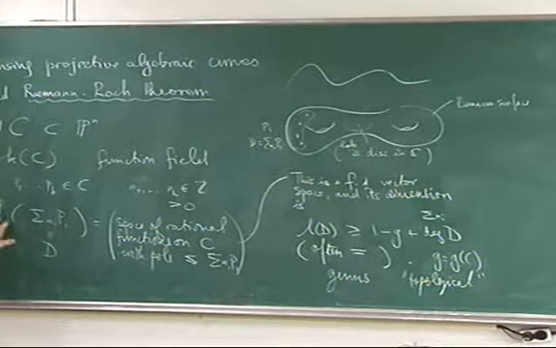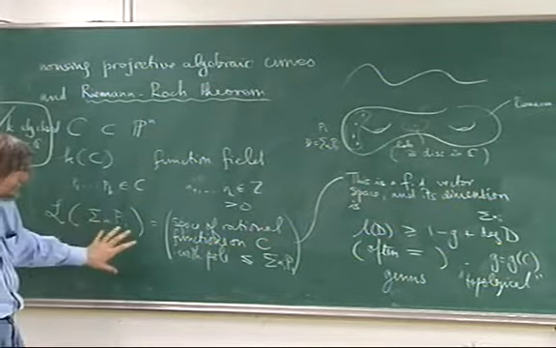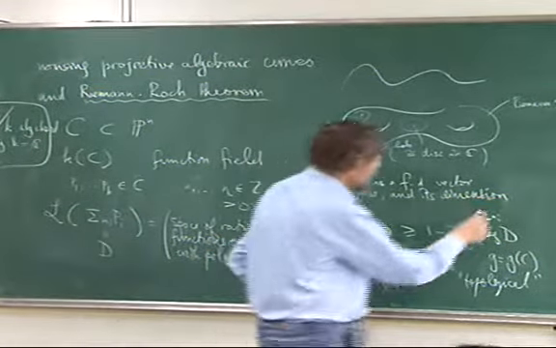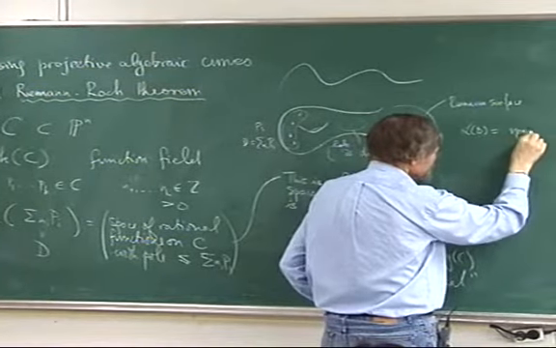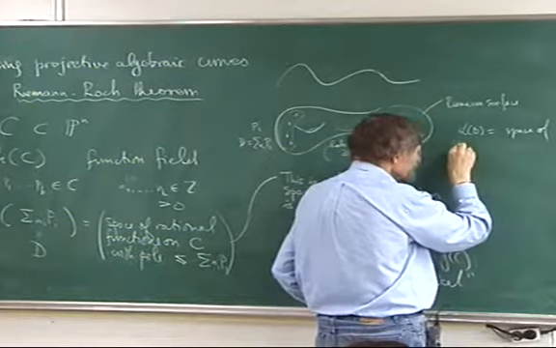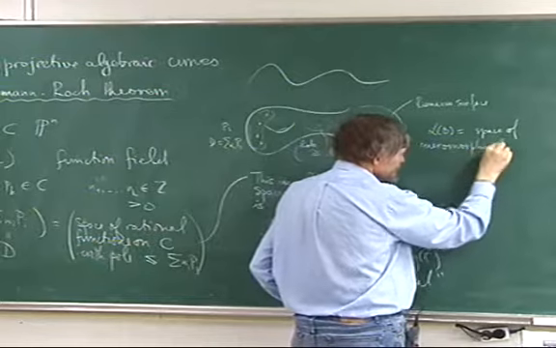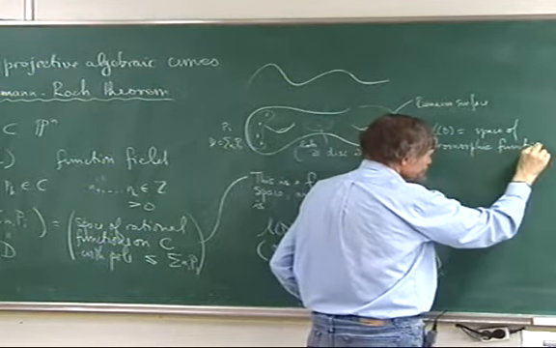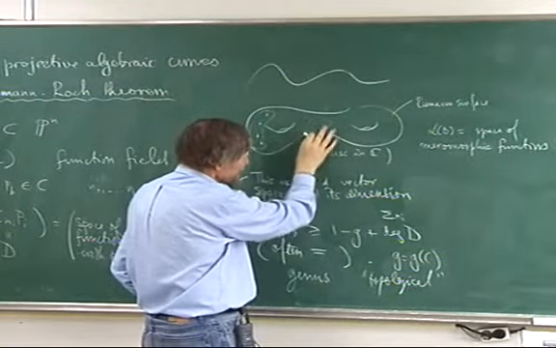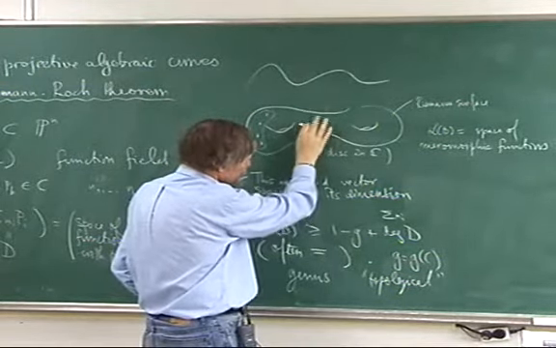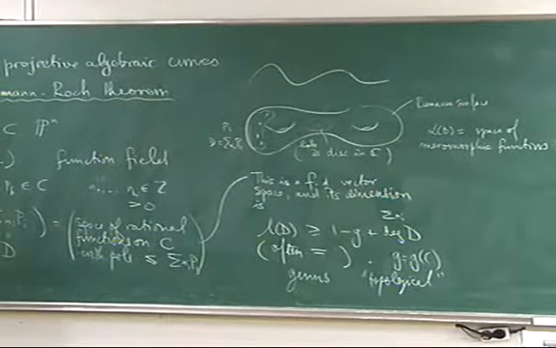I'm going to really be talking about algebraic geometry, but these are also spaces of meromorphic functions. So L of D is a space of meromorphic functions, meaning that if I look at them locally in any neighborhood, I've got one complex variable, and these things are meromorphic functions of that one complex variable.